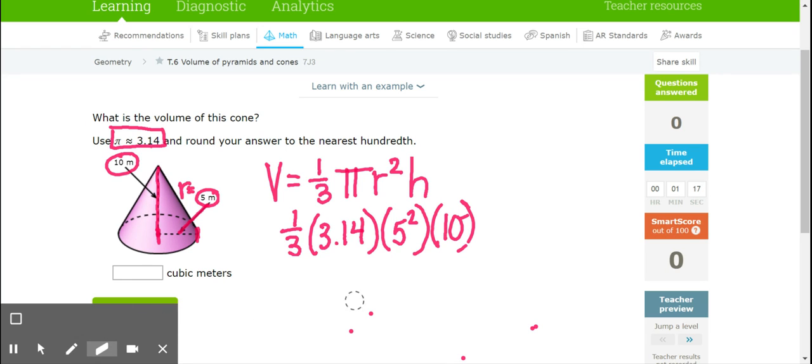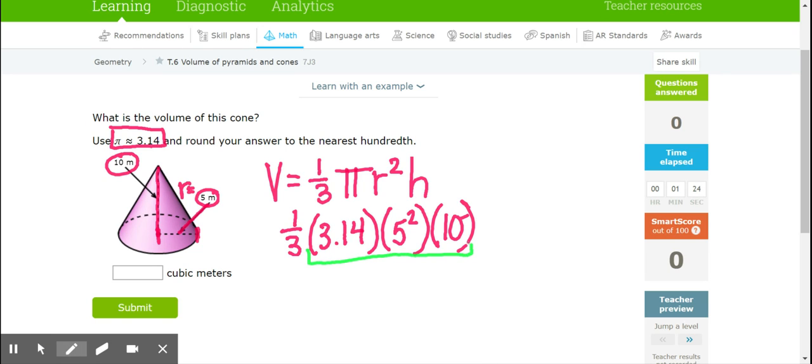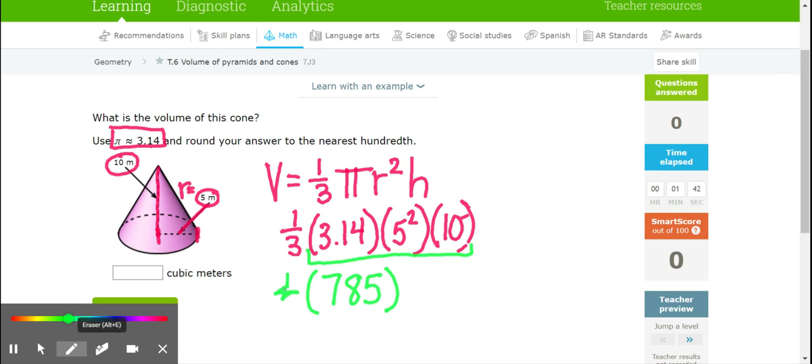Just like earlier, I am going to type these 3 numbers into my calculator first. So I'm typing in 3.14 times 5 squared times 10, and I get 785. And I'm going to multiply that number times 1/3, which we have already learned is dividing by 3.